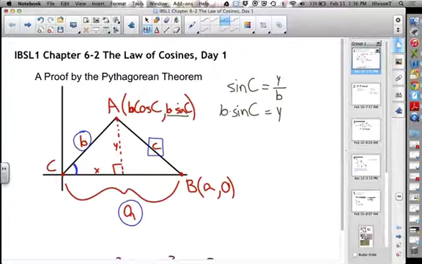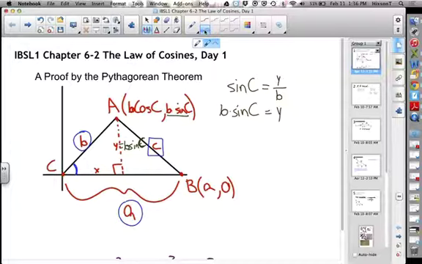Okay. Now we're going to do a similar process to help us find x. This is b times the sine of C. I should make that a capital C. And now we are finding x.